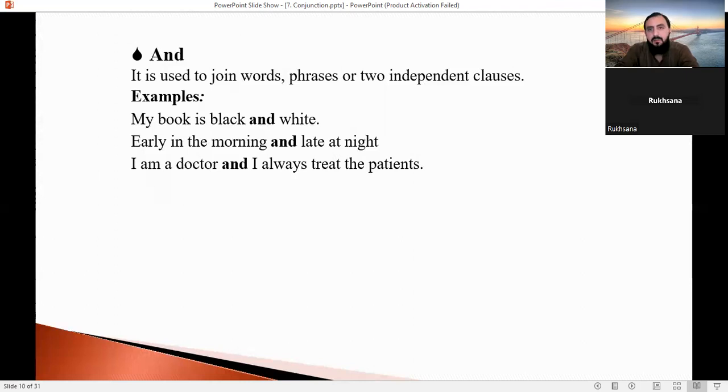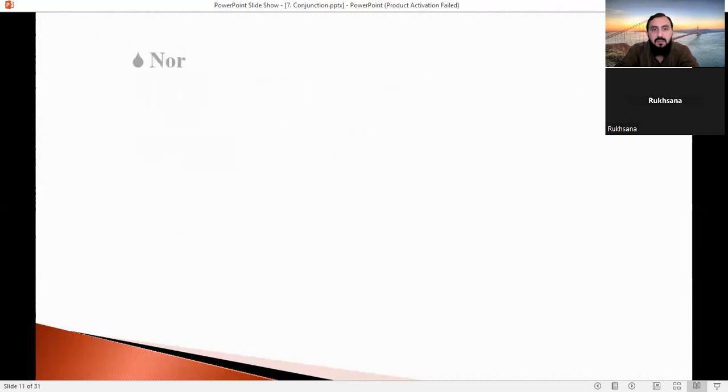Clear? Yes, sir. So a clause can be a sentence, but a sentence cannot be a clause.